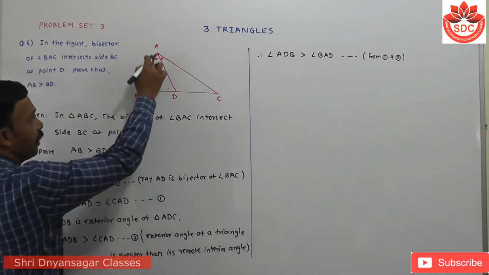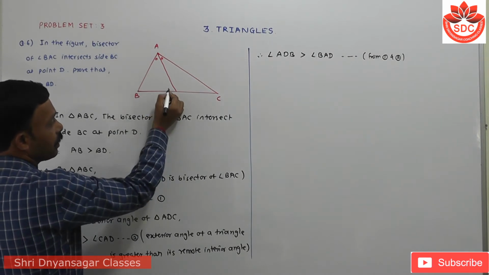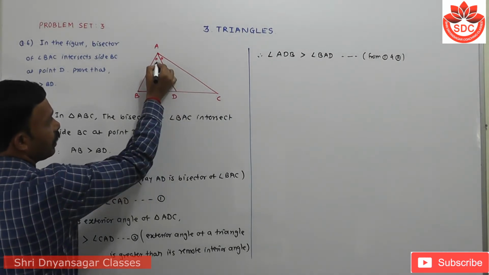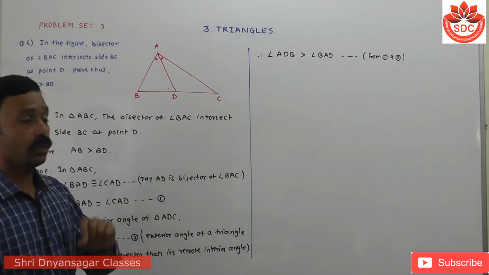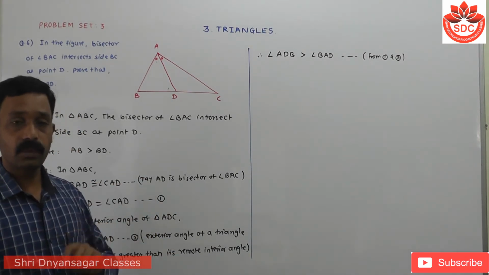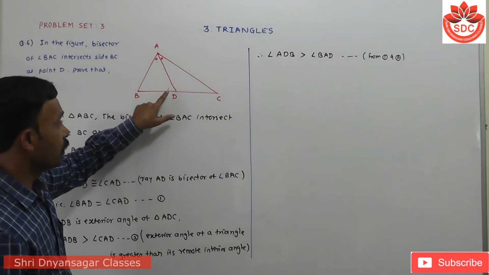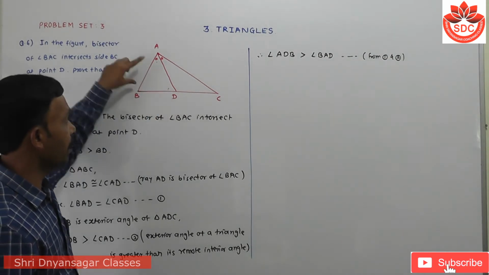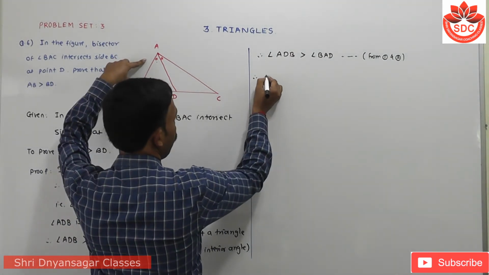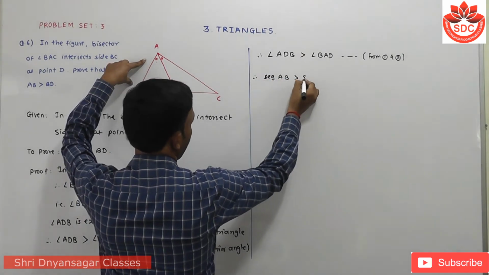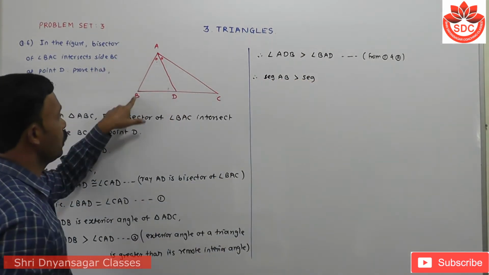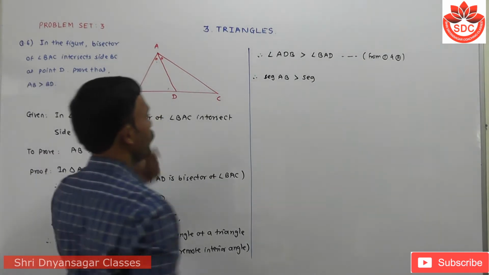Now look at this triangle ABD. This angle D is greater than this angle. All of you know that the side opposite to greater angle is greater than the side opposite to smaller angle. So the side opposite to this greater angle is AB. Therefore, segment AB is greater than segment BD, the side opposite to it.